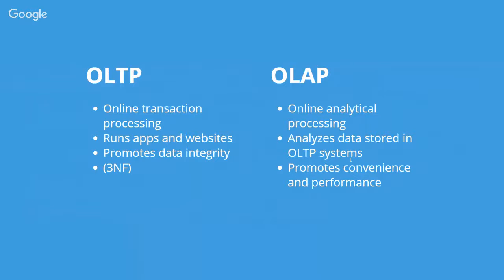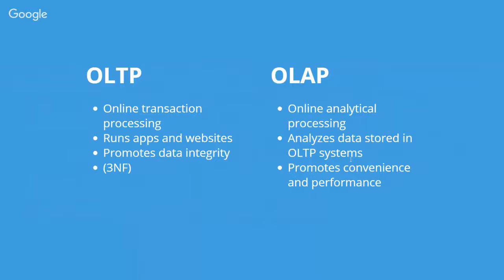The analytical system, though, really is going to focus on different things. Transactional needs to run apps and websites, so it needs to be accurate, and it needs to only store data once. With analytical systems, we really want to just analyze the data that's in those transactional systems. So we want to get that data out as easily and as quickly as possible.